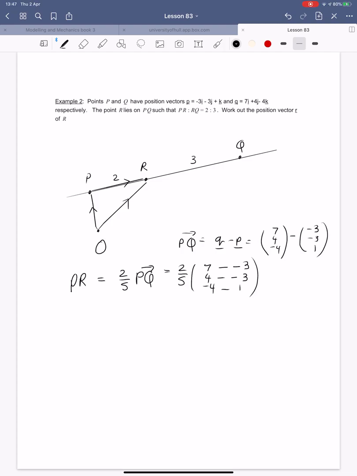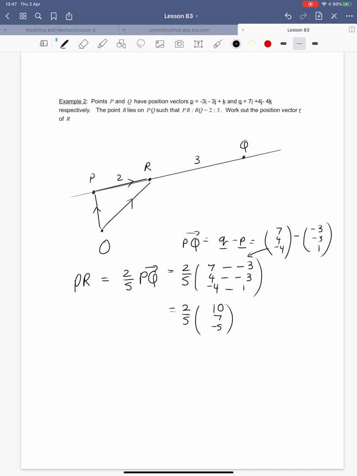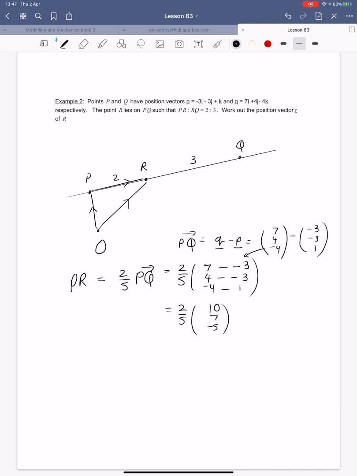And then I've put that into there. So it's 2/5 of 10, 7, minus 5. So that's going to be 4. 2/5 of 7 is 14 divided by 5, which is 2.8. 2/5 of minus 5 is minus 2.